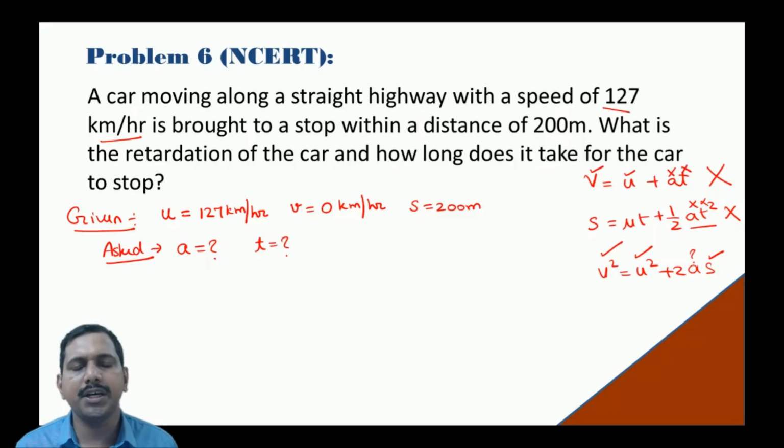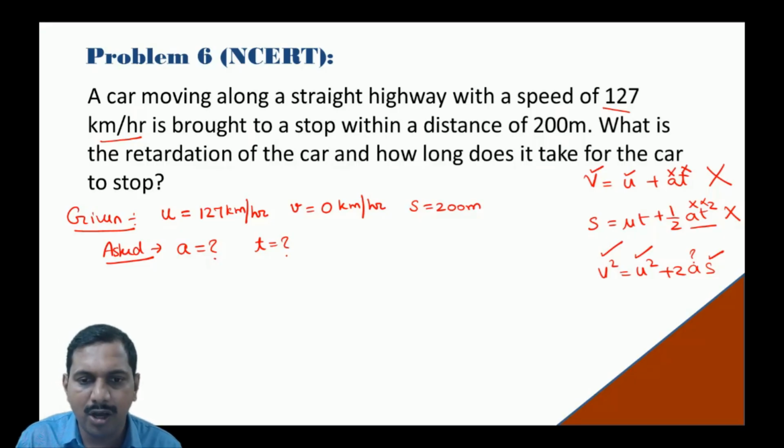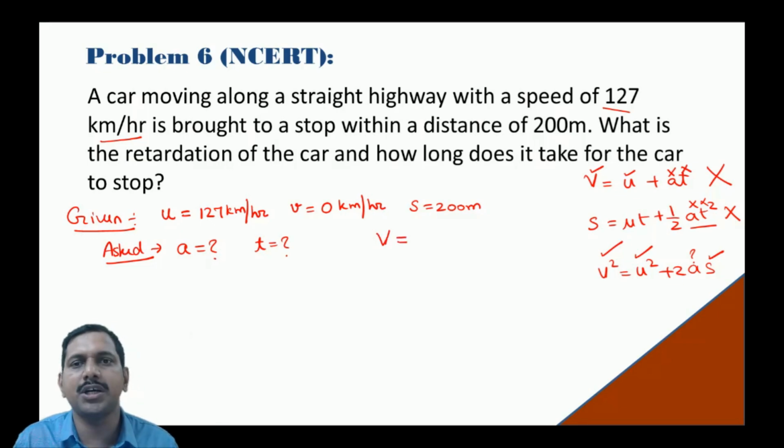But the point is, which unit should we use for velocity? Should we use kilometer per hour or should we convert it into meters per second? Now let us continue with kilometer per hour. Why? Because when you say velocity, what is the dimensional formula for velocity? It is LT raised to minus 1. So L can be any length unit, T can be any time unit.